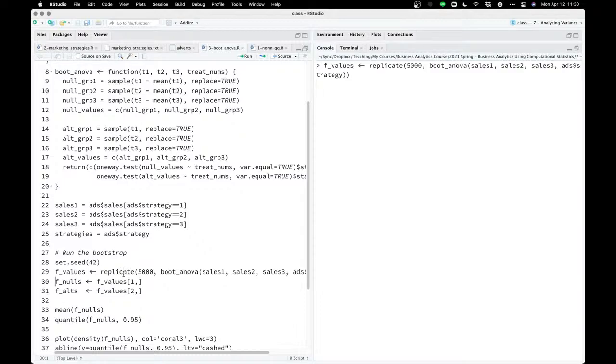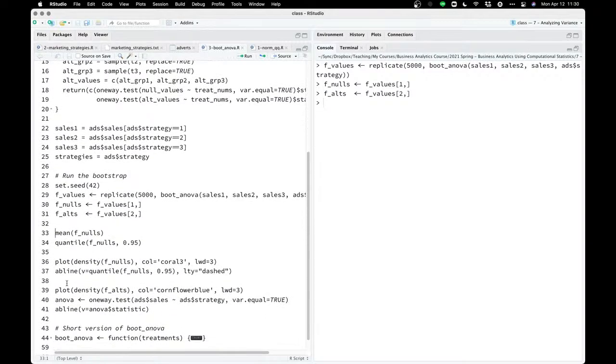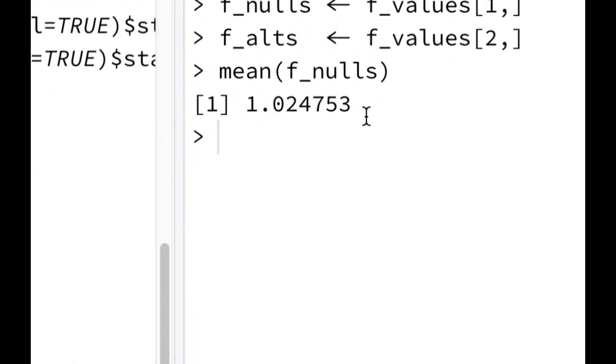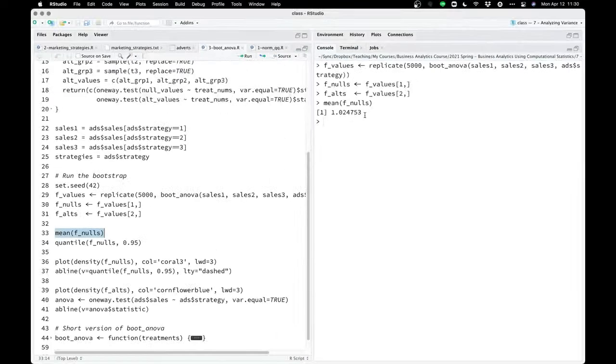So if I bootstrap this 10,000 times, wow, that's taking a little bit of time. There we go. Our null values of F and alternative values of F. You will see now our null values of F are on average 1 because the F distribution should kind of peak close to 1.